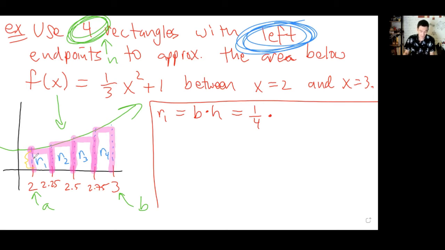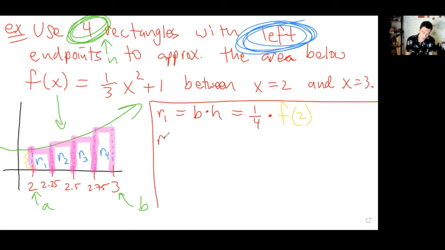And that is the y coordinate that you get when you plug 2 in for x into your equation. So this is what I'm going to write down: f of 2. And what does f of 2 represent? That is the y coordinate when you plug 2 in for x. And I want to plug in 2 because I'm using the left bar of rectangle 1. This will make more sense as we go along.